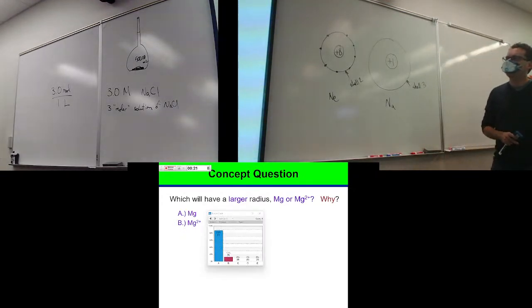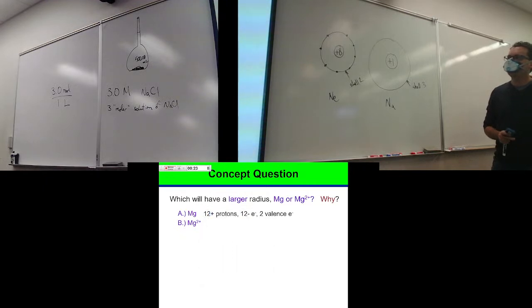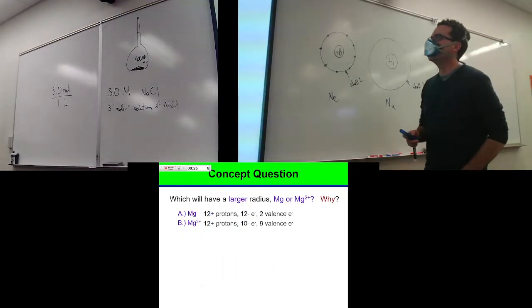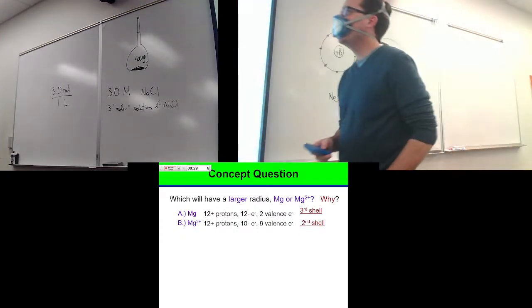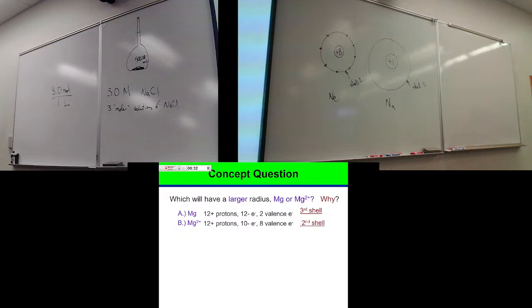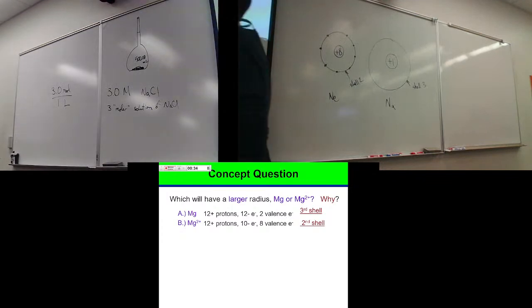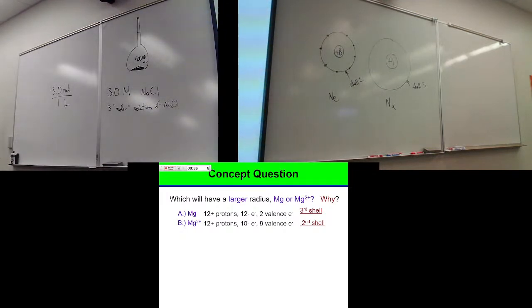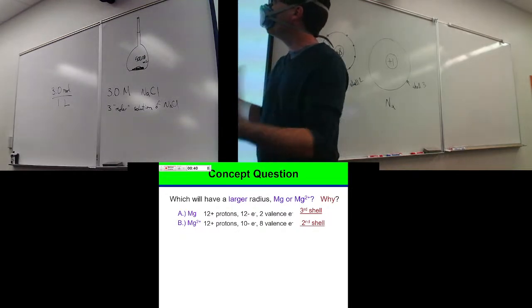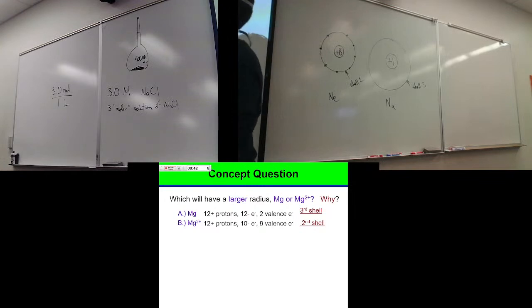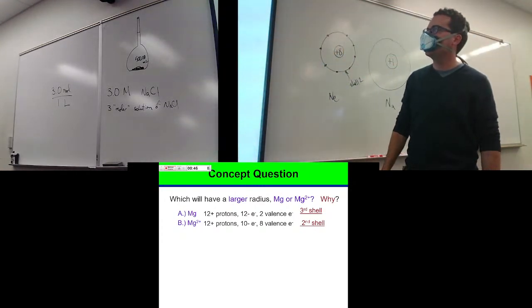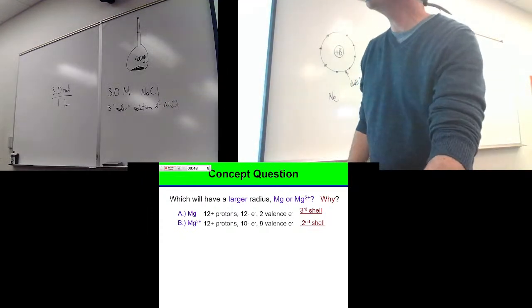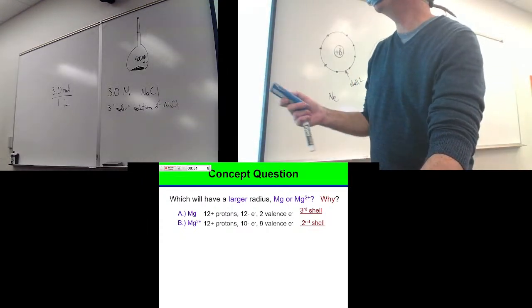All right, most people put A, and it is A. The bigger radius is going to be magnesium because it's got 2 valence electrons in shell 3. But once you remove those 2 electrons, once you have that magnesium 2+, then your outer electrons are in shell 2, which is a smaller shell. So Mg, the original metal, is bigger than the cation, Mg2+.